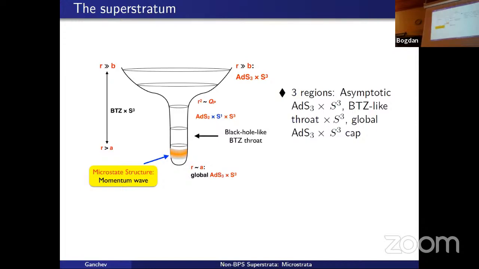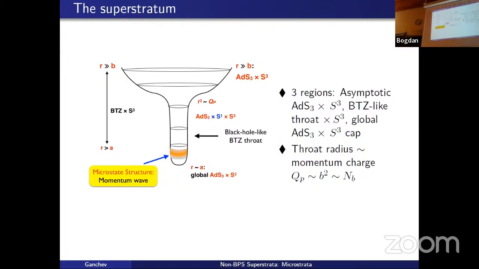But anyway, this is a superstratum, so you have three regions: the asymptotic AdS3 cross S3 region in this case, which grows linearly with r. Then you have the throat, the size of which is set by the momentum charge, which is proportional to this b squared, or to the number of the other side that you put the momentum excitations on.